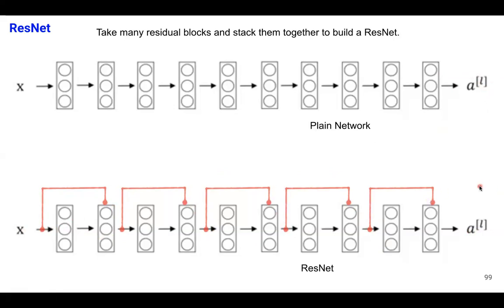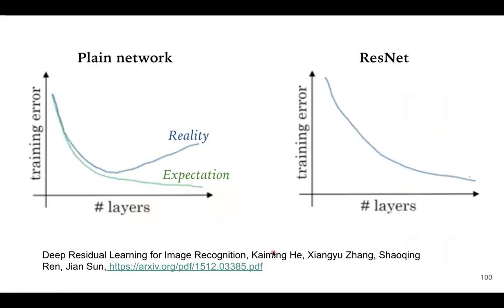Now, the authors of ResNet, and in this case, I have put here the URL where you can find the paper where ResNet was first proposed, argued that they were working with a normal CNN first, and they were plotting the performance of their normal CNN with an increasing number of layers. Their expectation was that with more layers, their network would perform better and the training error would go down.